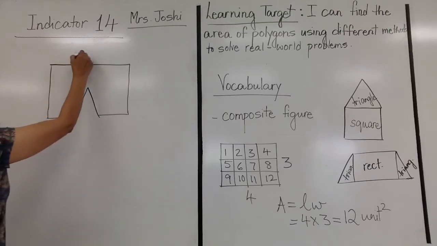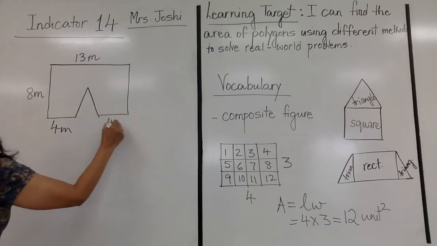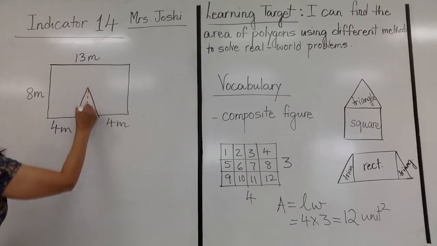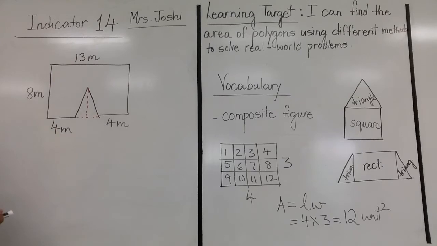And this is 13 meters, this is 8 meters, 4 meters, 4 meters, and then we are going to have this area, this part which does not belong because it is shaded off, okay?